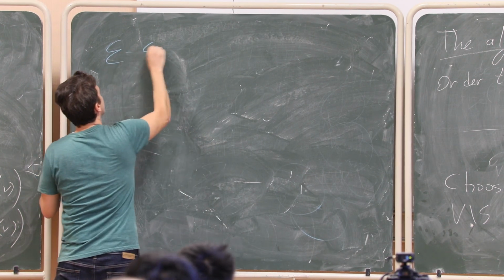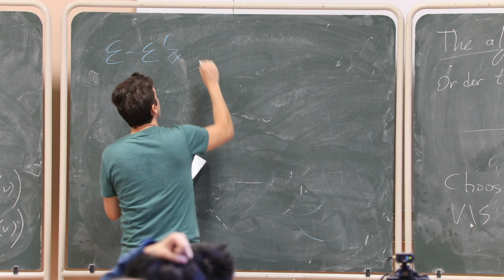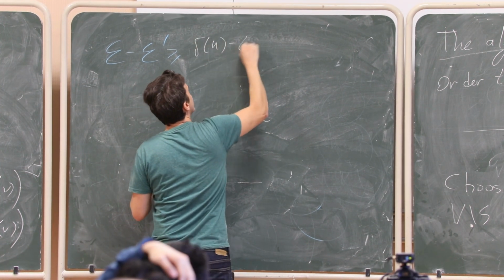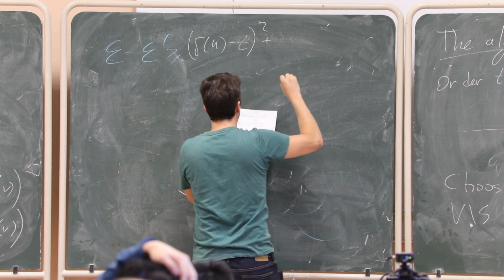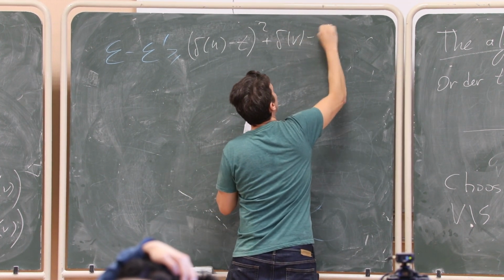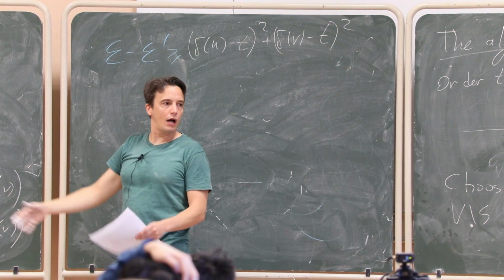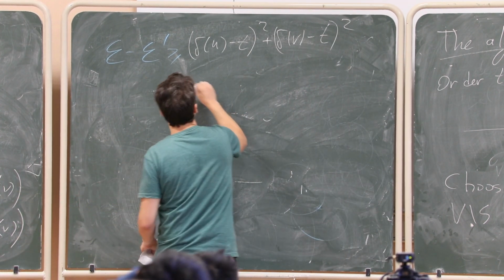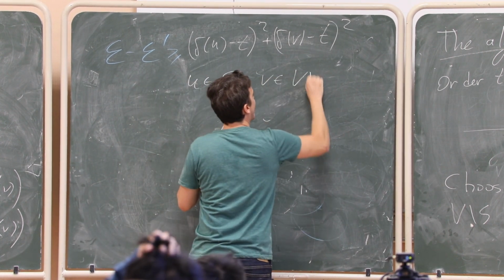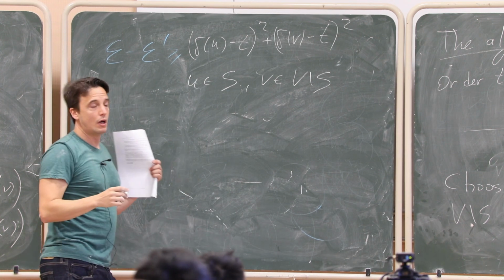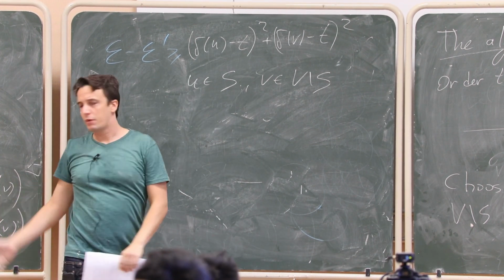E minus E prime is bigger than delta_u minus t squared plus delta_v minus t squared. And this is true for any u and v such that u is in S and v is in V minus S.